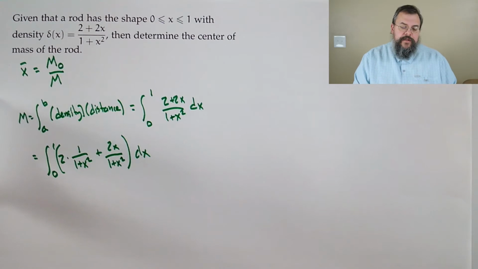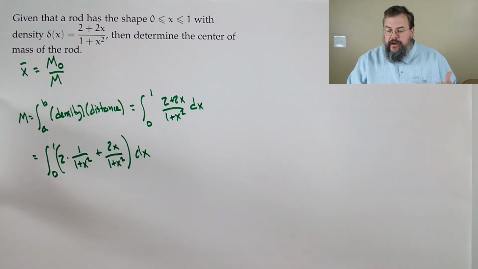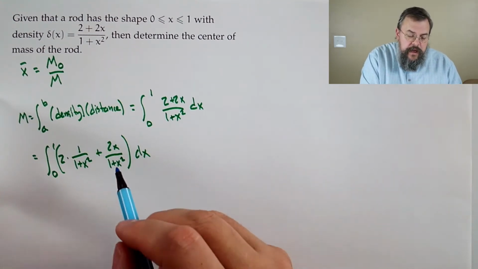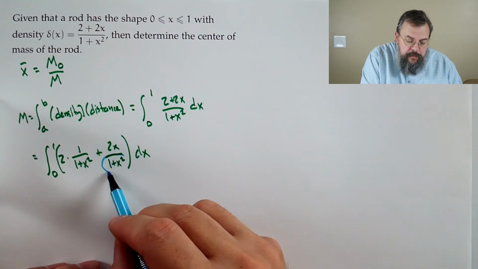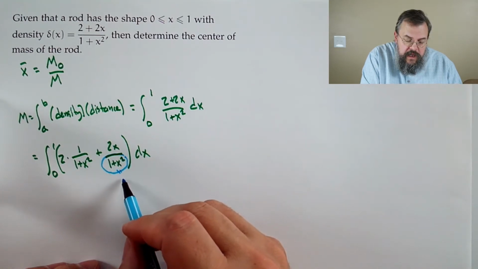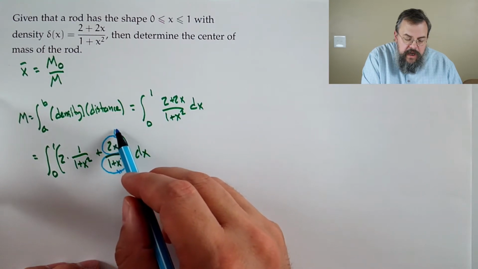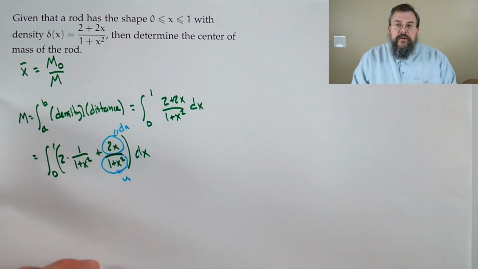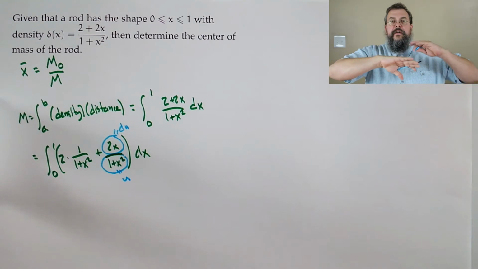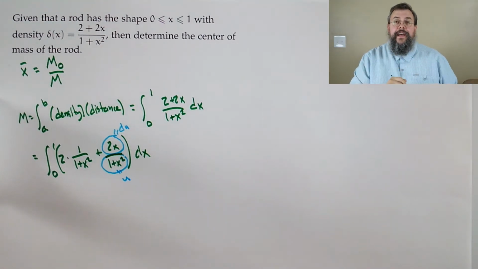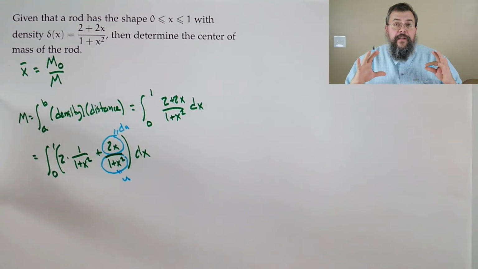Because if you compare the top and the bottom, they have a nice relationship. In particular, if you think of the bottom as being a u term, then the 2x would be a du term. So it's a case where I have a function downstairs and the derivative upstairs. Whenever I see that, I say, hey, that means it's like a log.